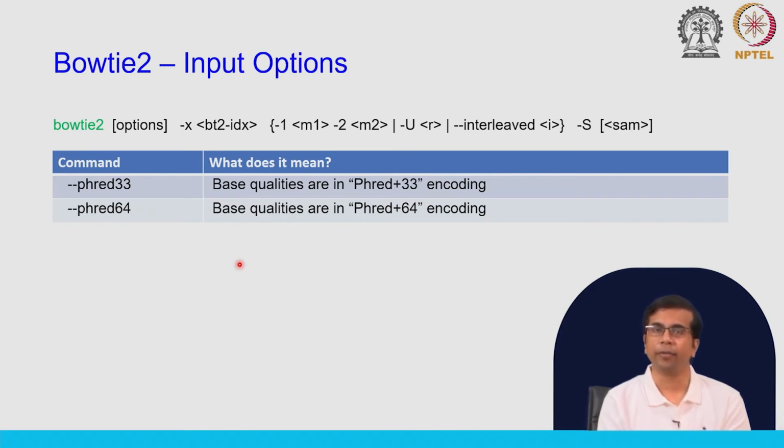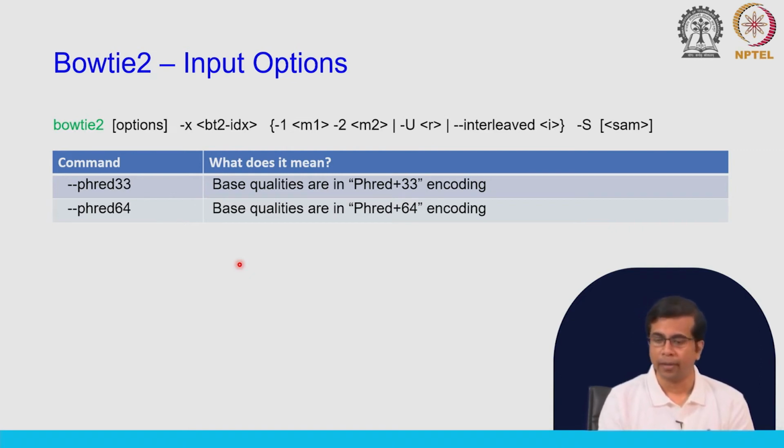When Bowtie2 is aligning, it will read the bases along with the quality score, and the quality score can be in Phred 33 format or in Phred 64 format. We have talked about Phred plus 33 encoding and Phred plus 64 encoding. Older Illumina data utilized Phred plus 64 encoding, so if you are working with old Illumina data, you want to mention this in the option. If you are working with new data, it will be Phred plus 33, and this is the default option now.